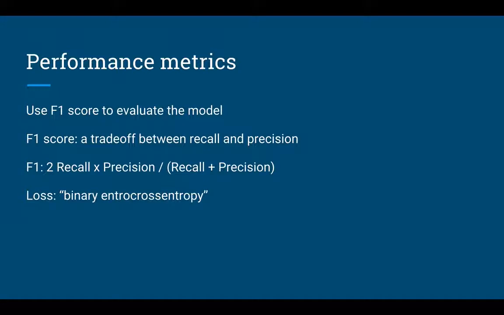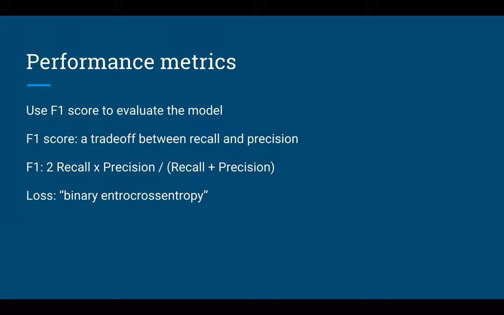The recall is the number of true positives over the number of positive samples. And the precision is the number of true positives over the number of positive predicted samples. So based on the equation, 2 times the recall times precision over the summation of recall and precision will show you how well our model trained based on this index.